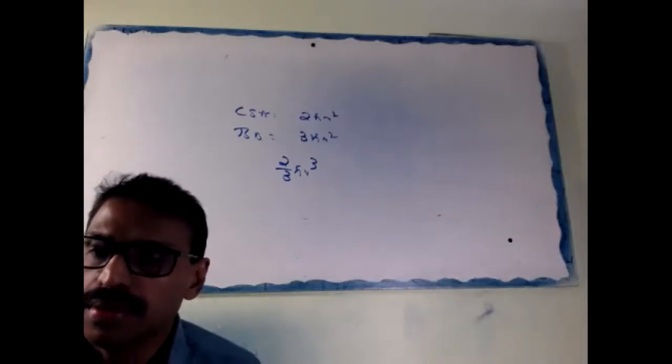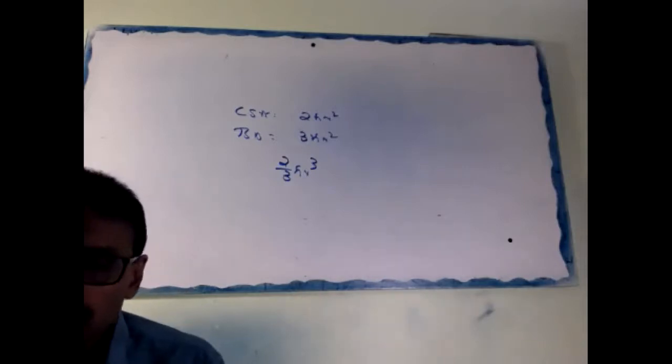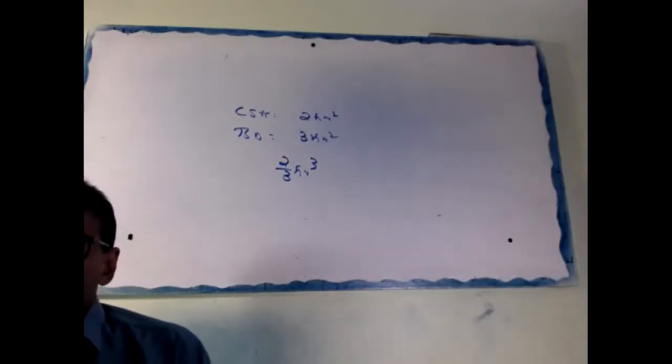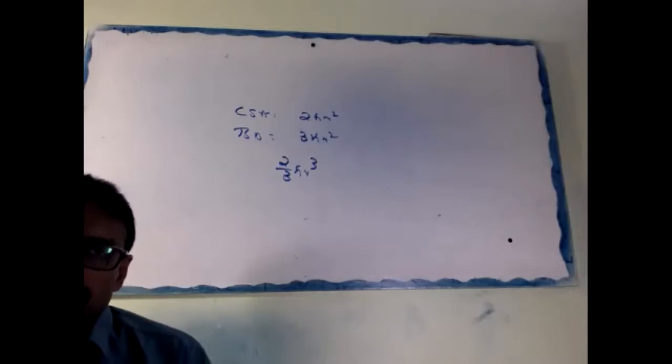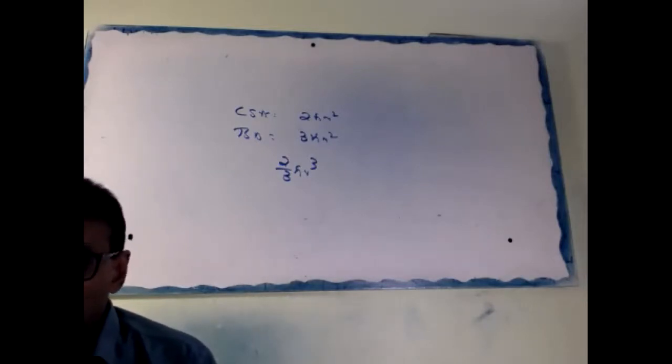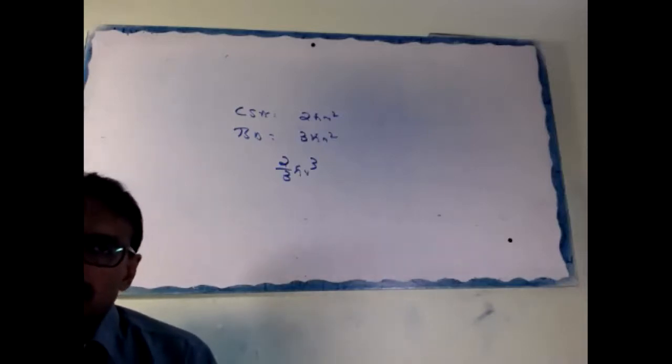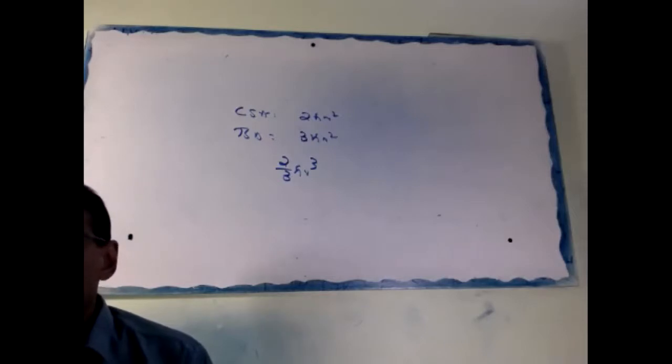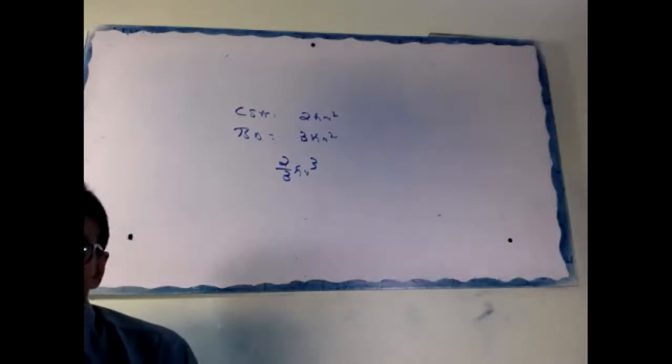Then next is cube. TSA 6A square. LSA 4A square. Volume A cube. Diagonal of a cube is A root 3. Diagonal of a square is A root 2.